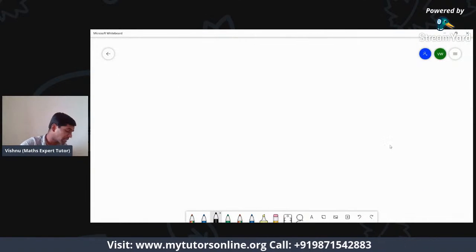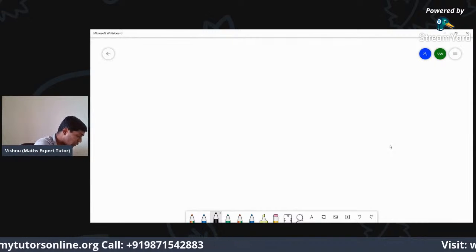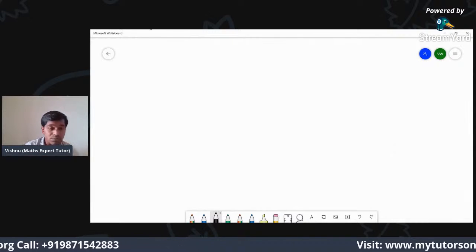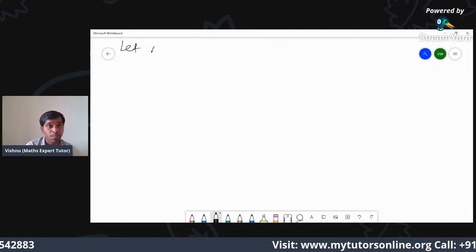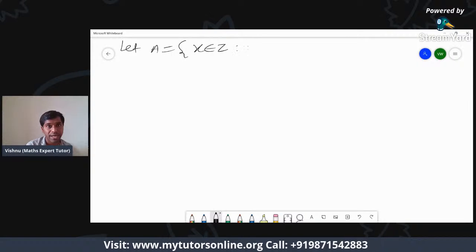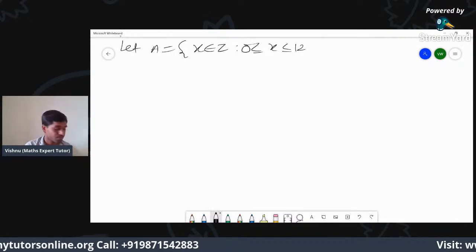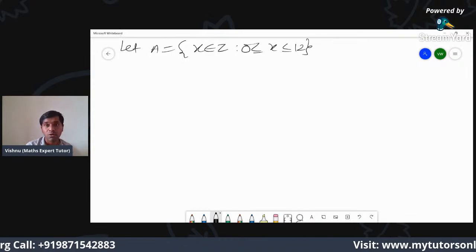I'm going to take you through a quick example of whether it is an equivalence relation or not. Let A be the set of x belonging to Z with 0 ≤ x ≤ 12.